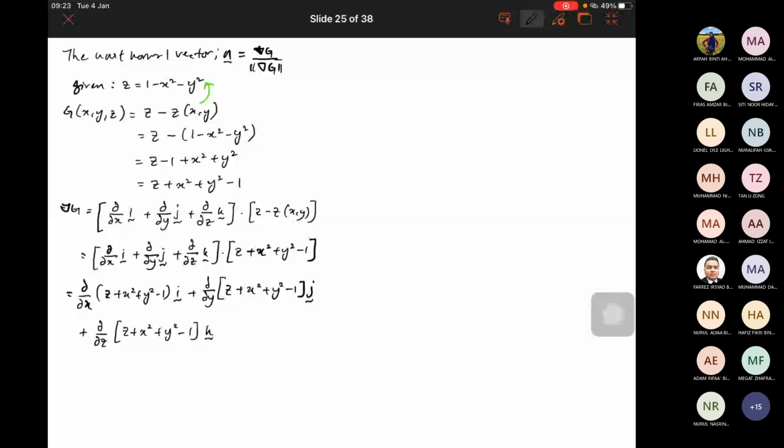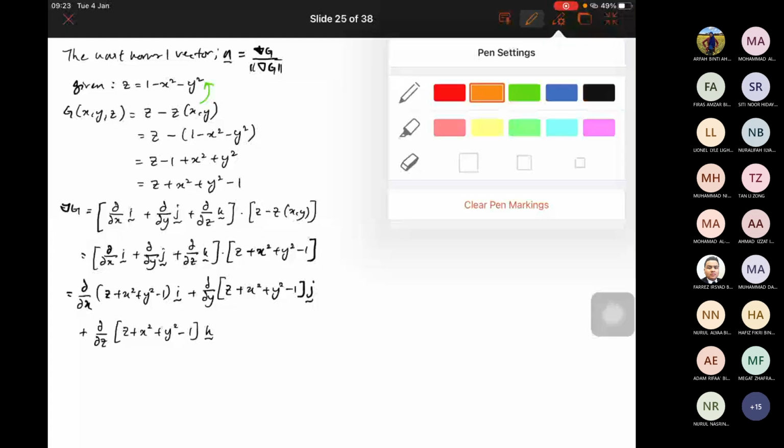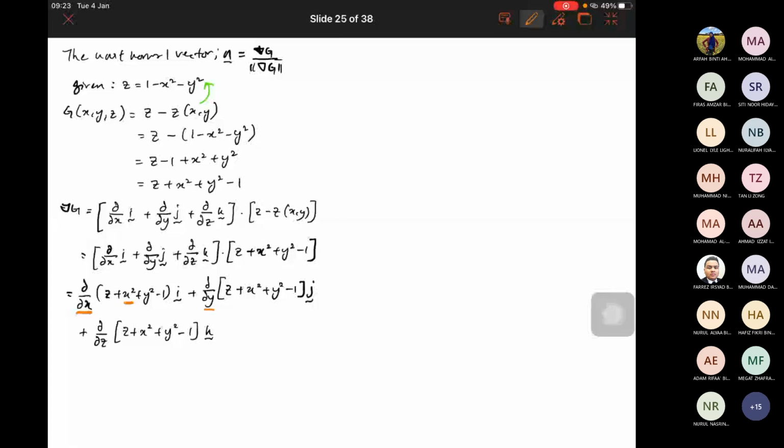So differentiate this one with respect to X. So for X look at the X term, for Y look at the Y term, and for Z look at the Z term only. For this one, you are going to have 2xi plus 2yj plus k. So this is the delta G.